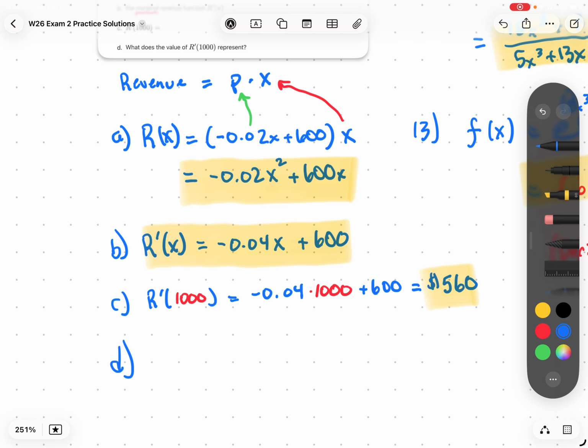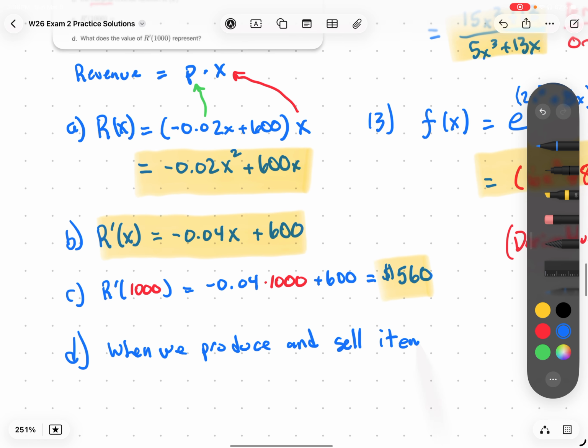So what this answer in letter C represents is that when we produce and sell item 1001, the 1001st item, it will bring in an additional $560 in revenue.